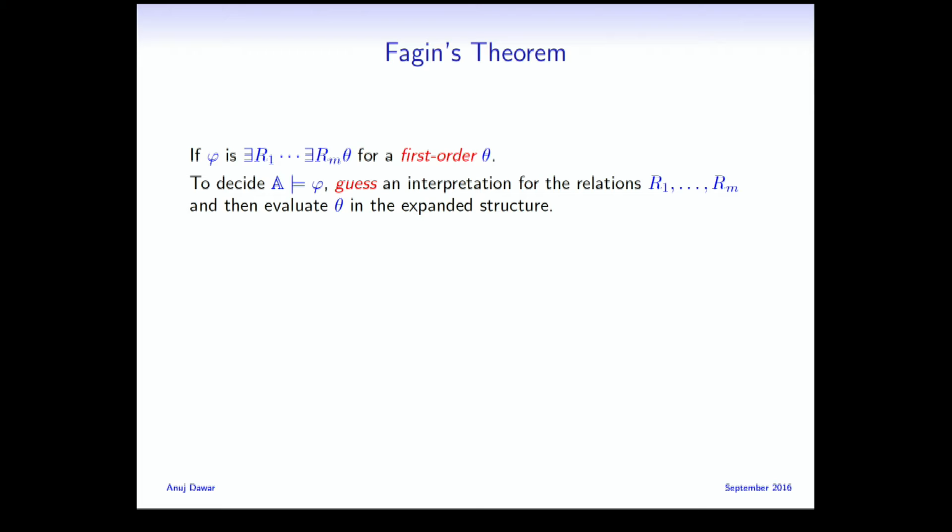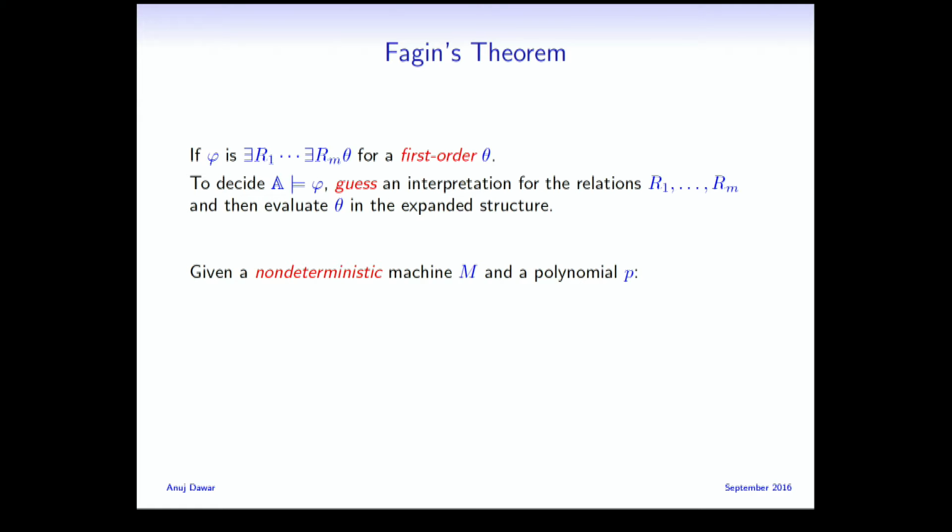So you just expand the string representing A with strings for these relations, and that's a polynomial amount of guessing. And then you just evaluate the first-order formula, and evaluating a first-order formula we know is in polynomial time, so the whole thing is in NP, right? That's one direction.